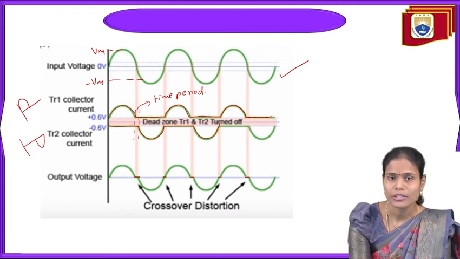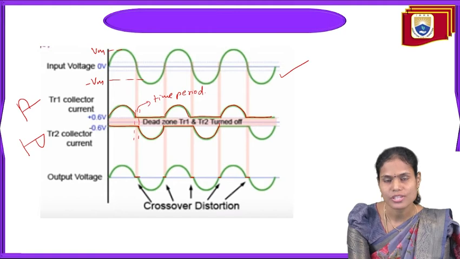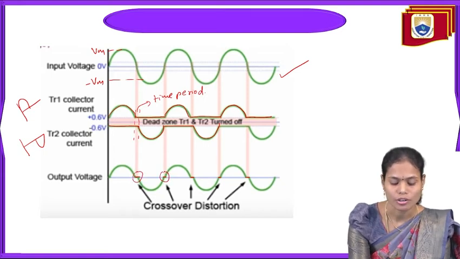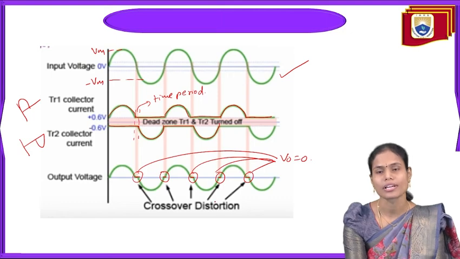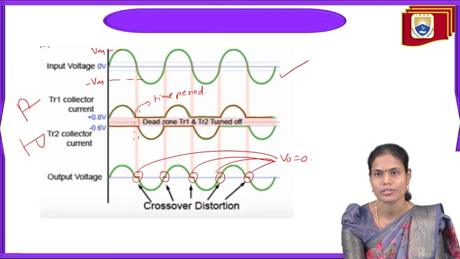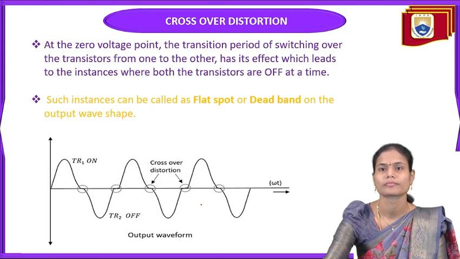Even though we get the output for both the positive and negative cycles, when we change the status of the transistors, at that time we do not get the output. In all these cases, the output voltage is 0. This is what we call the crossover distortion.